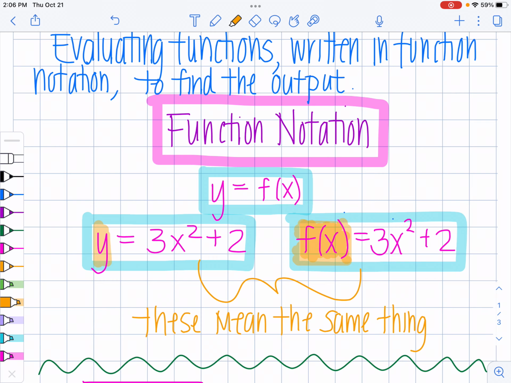That's really all it means. When we're using function notation, we use it to give our functions names. So if we're talking about function f or function g or function h, instead of having to say the whole equation, I can just say, oh, I'm talking about function f. So it helps to organize my math, which is why we name our functions that way.